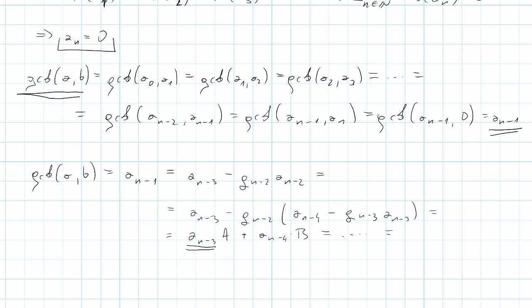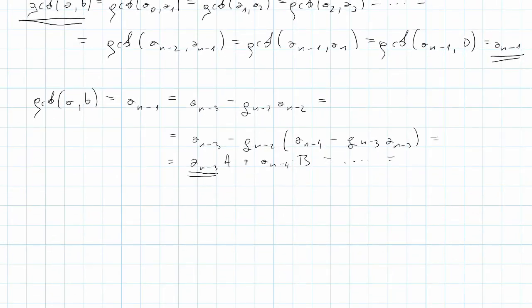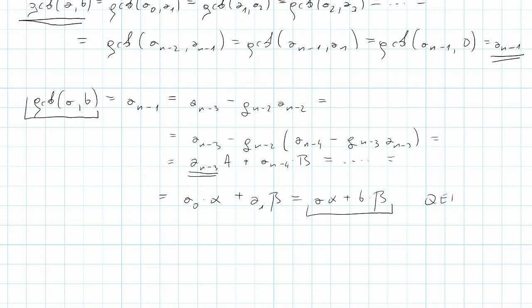Finally we will go back to a_0 and a_1. So we'll finally write it as a_0 times some alpha plus a_1 times some beta for some elements alpha, beta, but this is nothing else but a times alpha plus b times beta, and this is exactly what we were after. This is exactly the assertion of our proposition, our theorem.